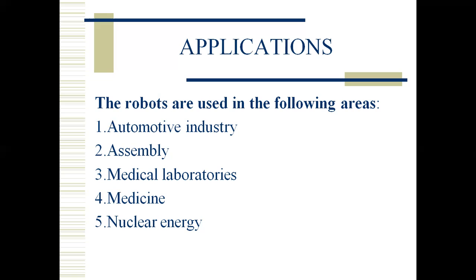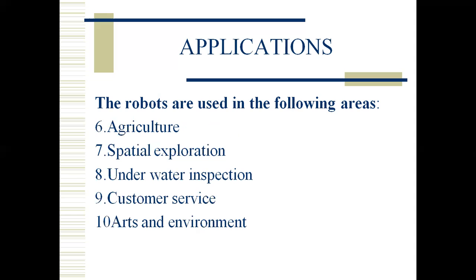In nuclear energy, the compositions or chemical reactions take place at very high temperatures or very low temperatures, where manual involvement is not at all possible. In those situations, robotics will be utilized.